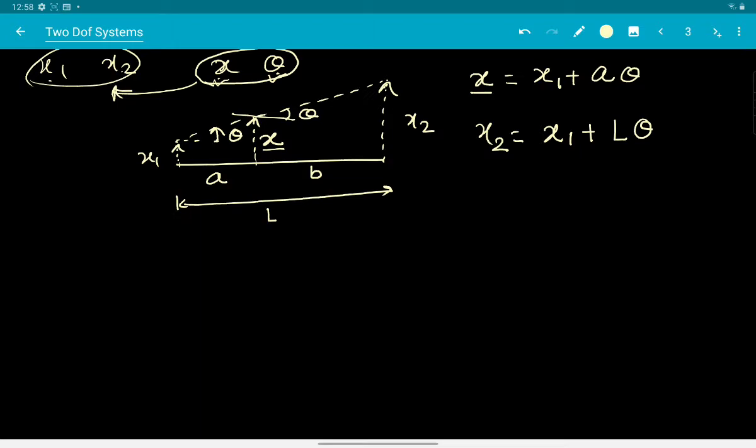So let's go ahead this way. Let's write the equations in terms of x1 and x2 first, because that is what we started with. Let's get rid of x and theta. To do so, we need to write x in terms of x1 and x2, and we need to write theta also in terms of x1 and x2. If you do so, then what you get is this.